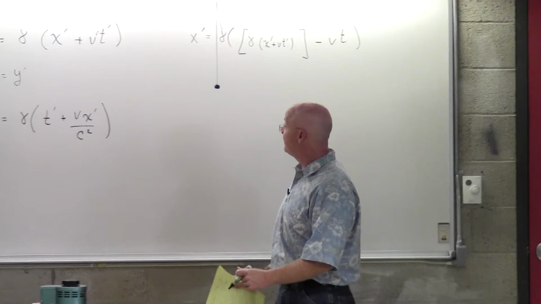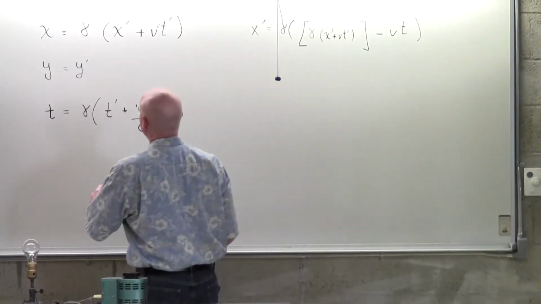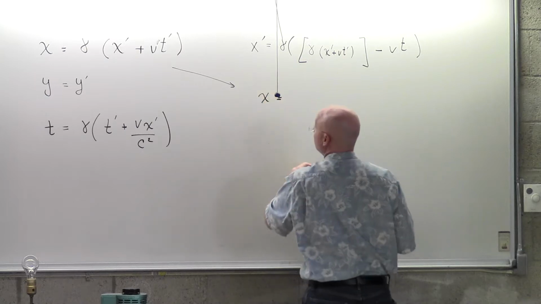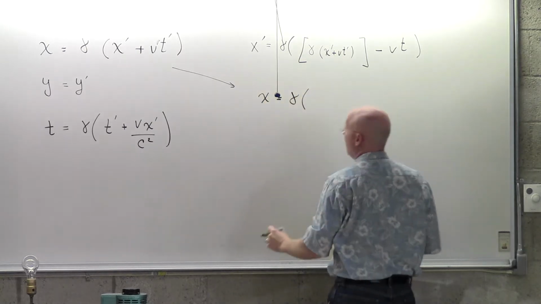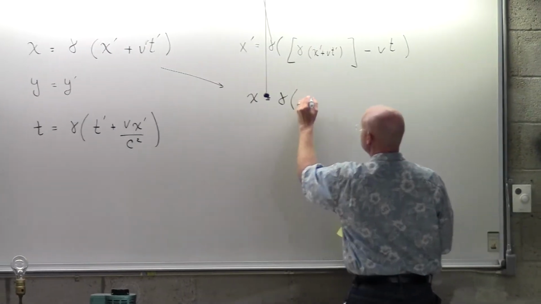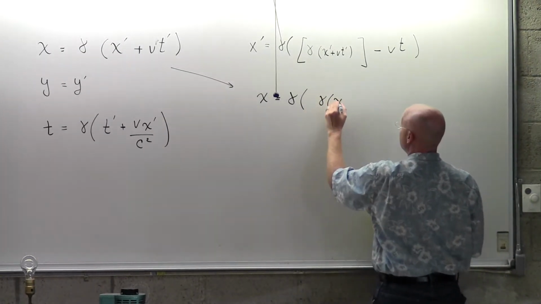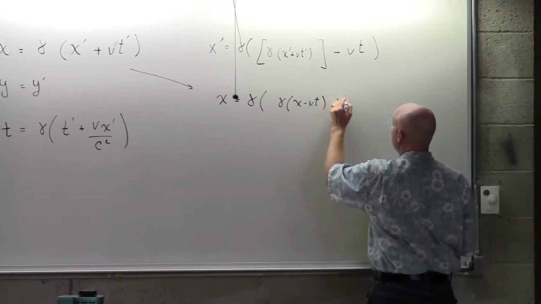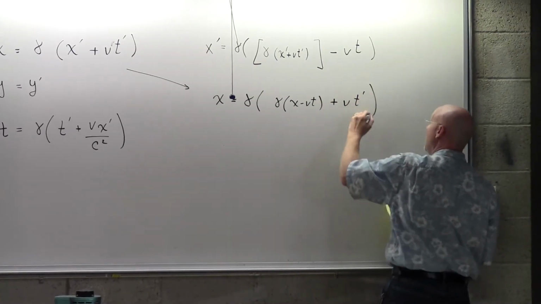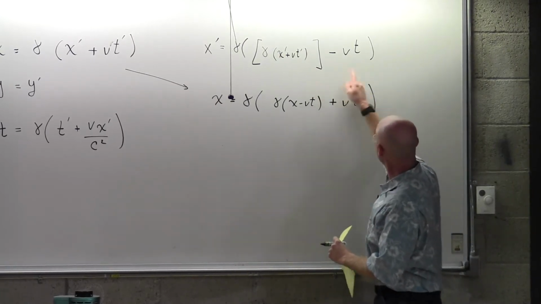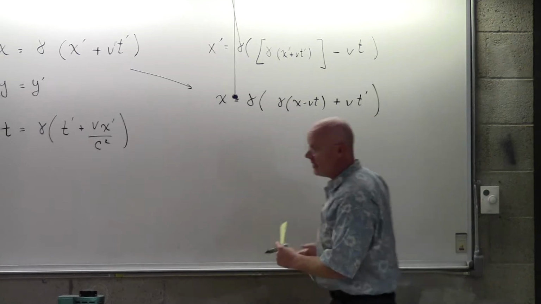I could do the reverse of this, right? I could put this equation here, x equals gamma, and in place of x prime, I could put gamma times x minus vt for x, and then plus vt prime. But I'm hoping if you look at this, you'll see that it's kind of like this equation, where I can solve this for t prime.